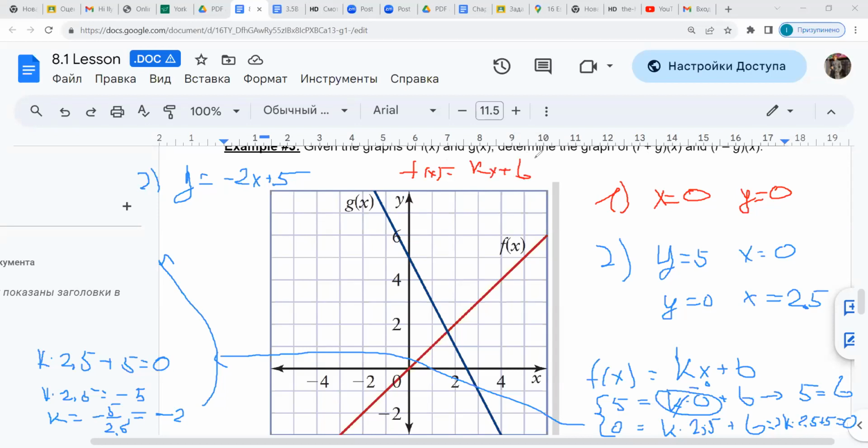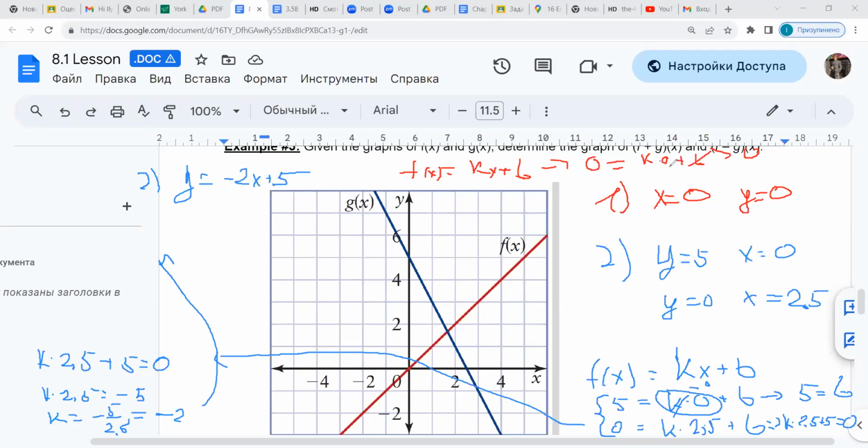But we know one solution for this function. When x equals 0, y equals 0 as well. So using that, we can say 0 equals k times 0 plus b. Considering that, I can say that b, in this case, equals 0. Because this is the only way for this to be equal to each other. So for this equation, I know that b equals 0, in fact.